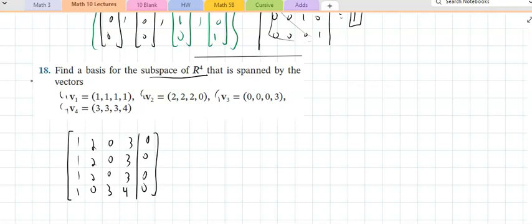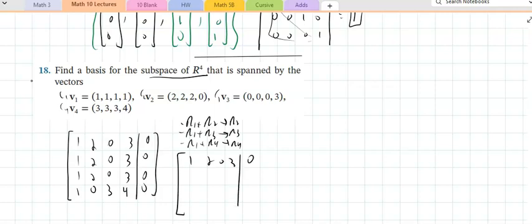Let's see how this plays. Well, negative row 1 plus row 2 in row 2, negative row 1 plus row 3 in row 3, and negative row 1 plus row 4 in row 4. Of course, we don't have to put that there, we could just see the reduction of them, but it's all good.